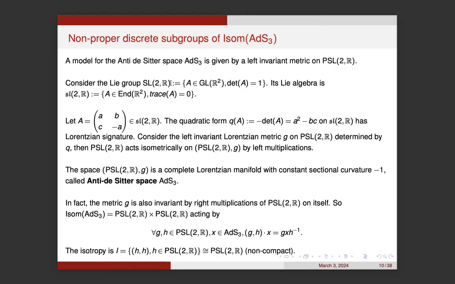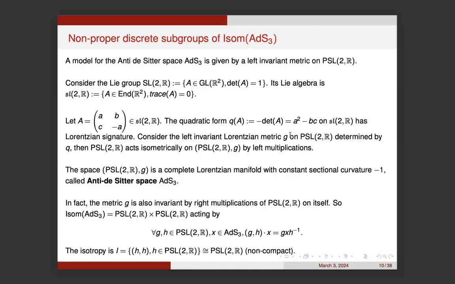This way I define a Lorentzian metric on the group PSL(2,R), such that by definition the left multiplications by PSL(2,R) are isometries.